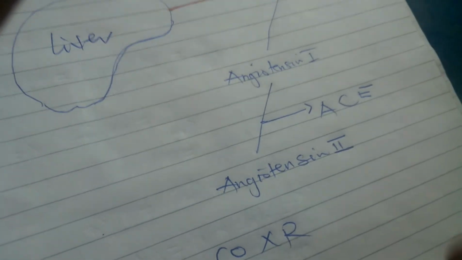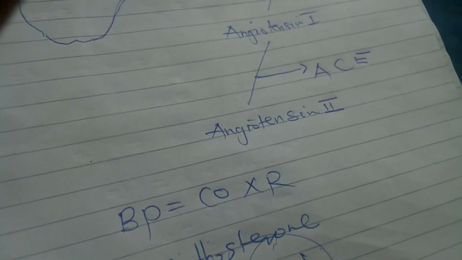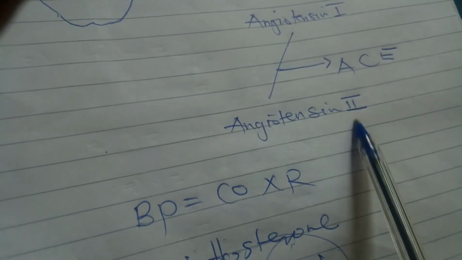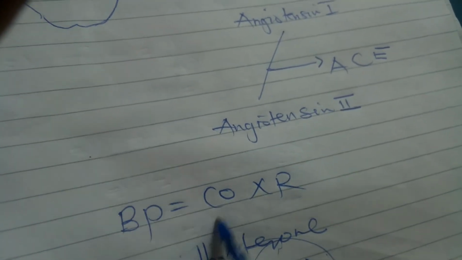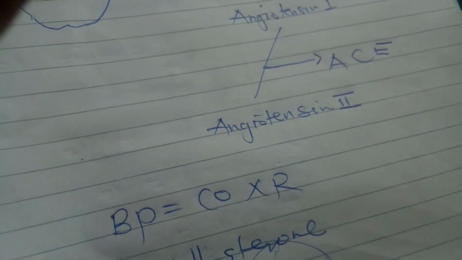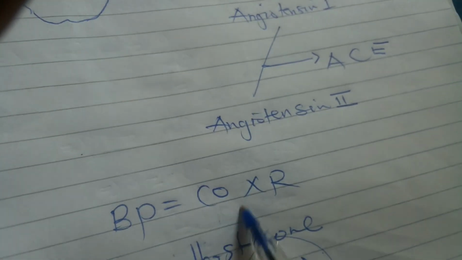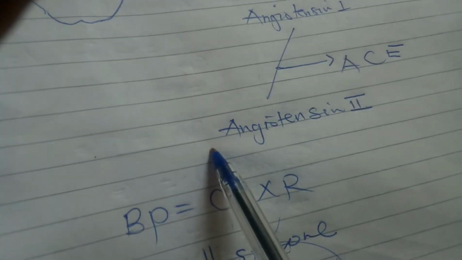This angiotensin 2 causes vasoconstriction. The peripheral arterioles constrict, and when they constrict, resistance increases. Whenever resistance increases, blood pressure increases. Blood pressure increases, cardiac output also increases. Cardiac output increases, blood volume increases. Water volume increases in the plasma.